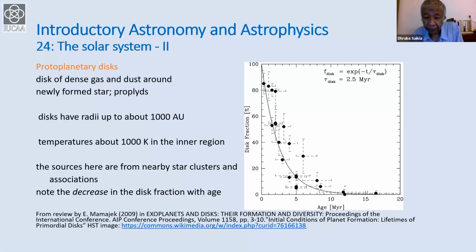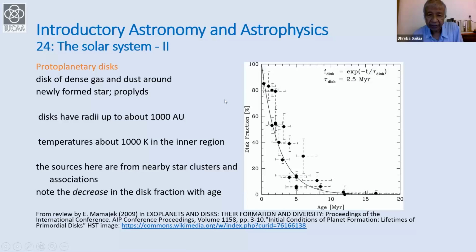Some have also been imaged at radio wavelengths. This is the thermal emission from them. And disks have radii up to about 1,000 astronomical units or so. Given these sizes, they are very well matched to the sizes of the planetary systems that we see today. And temperatures are roughly about 1,000 in the inner region, but it's going to cool.